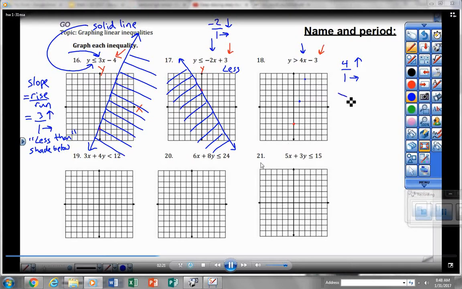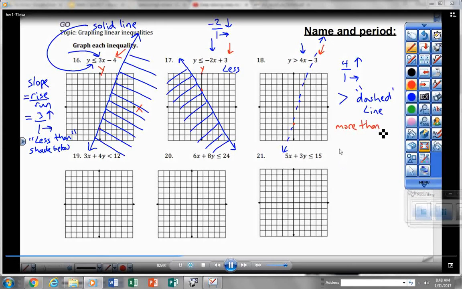That inequality is plain more than, so I will not do a solid line. I will do a dashed line through those. So with a dashed line, points on that dashed line will not satisfy this inequality. This is more than. More than is always shaded above.